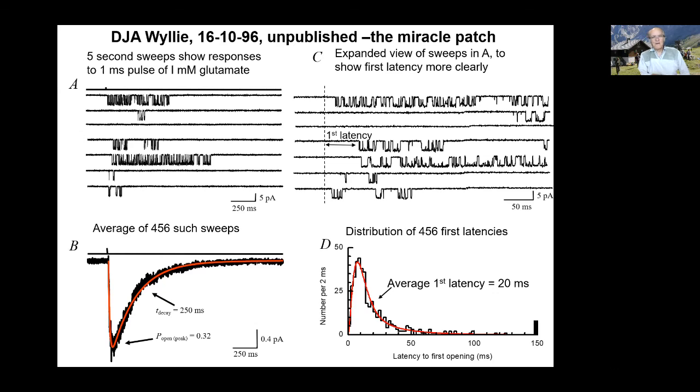And once they've opened, how complex the length of the single activations is. Here we have many, many openings triggered by a 1 millisecond exposure. And here again, we have many, many openings triggered by that 1 millisecond pulse of agonist.